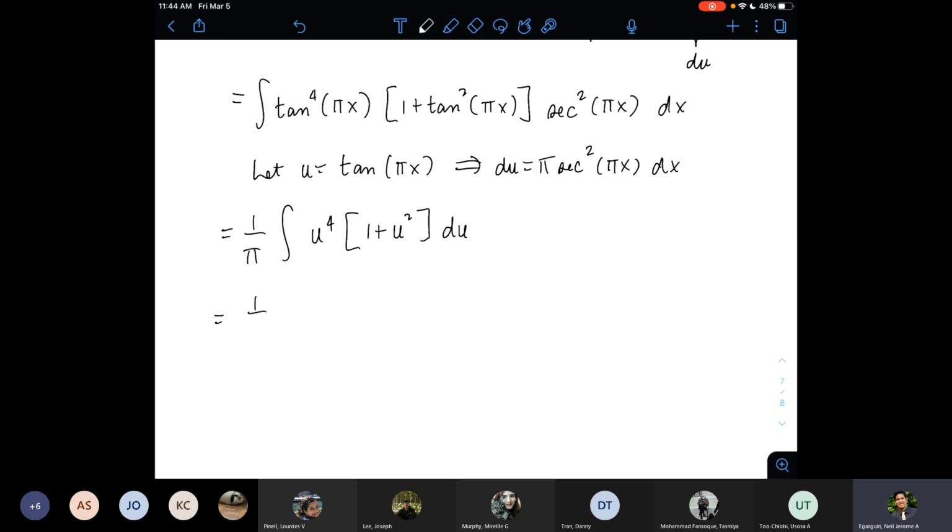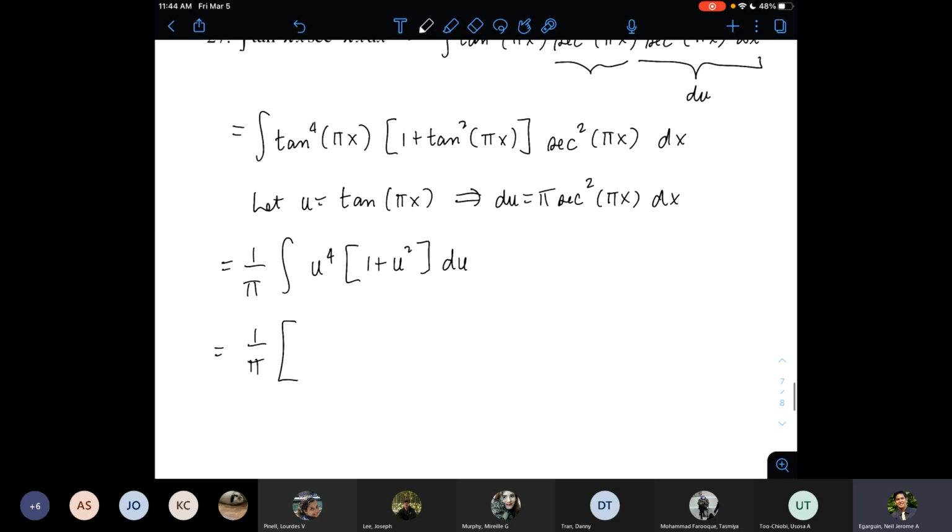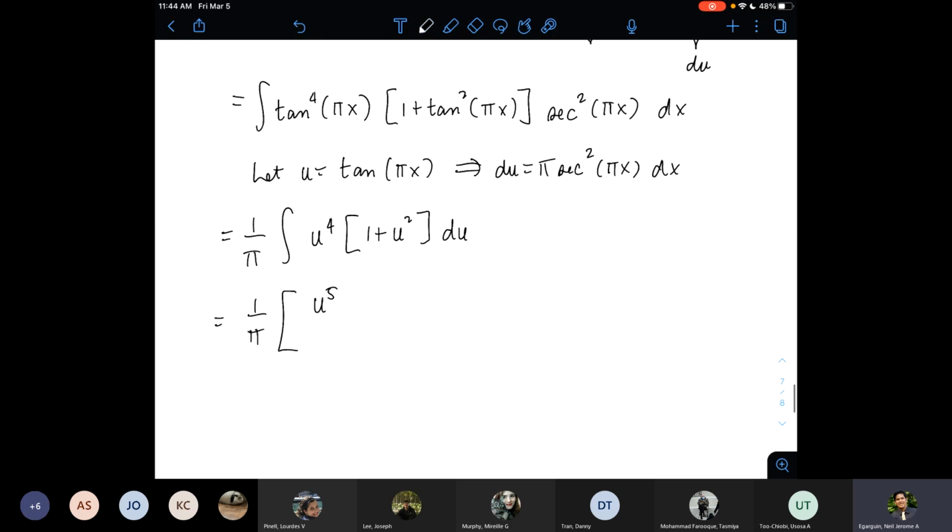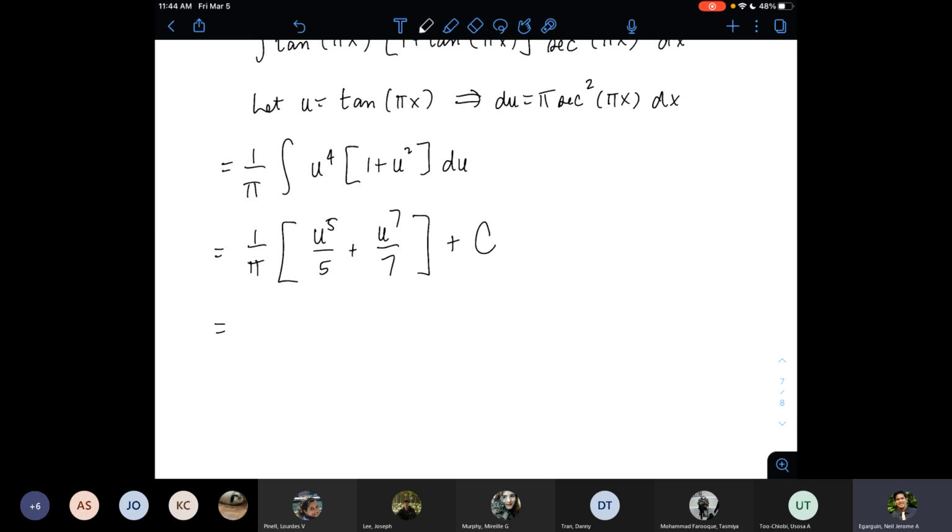Then we'll have integral of u to the fourth, which is u to the fifth all over 5, plus the integral of u to the sixth, which is u to the seventh over 7, plus the arbitrary constant c. And now we can revert to the original variables. So we have 1 over pi times 1/5 tangent to the fifth of pi x plus 1 over 7 tangent to the 7th of pi x plus c.